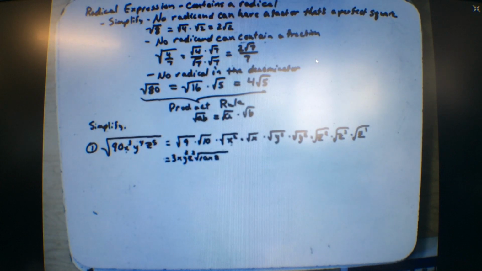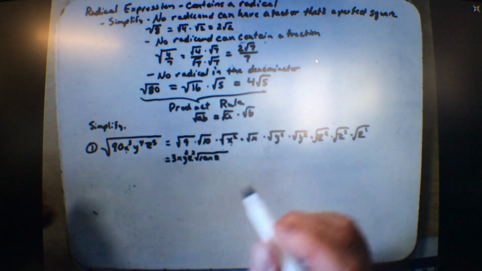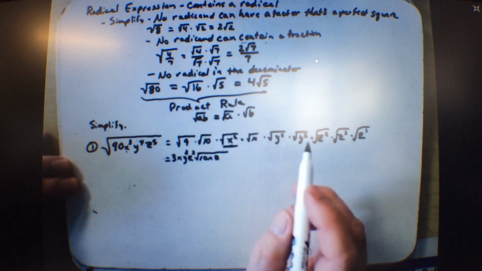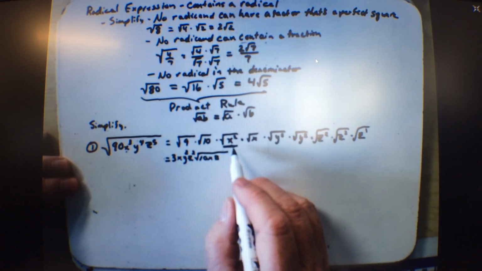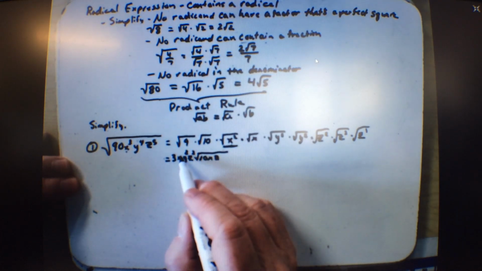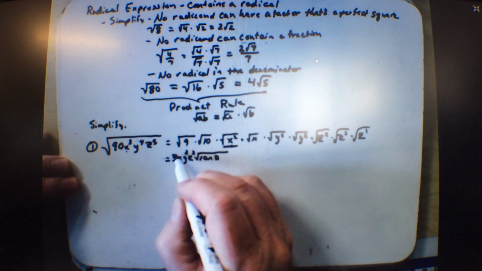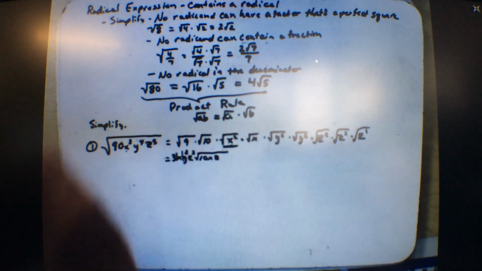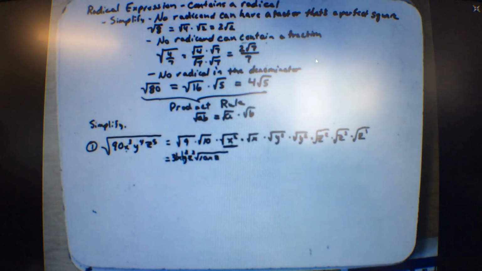I have one more thing to add before we talk about this. Whenever we have an even exponent, and we go to an odd exponent, so we went from 2 to 1, we have to put an absolute value sign around it, because it has to be positive.